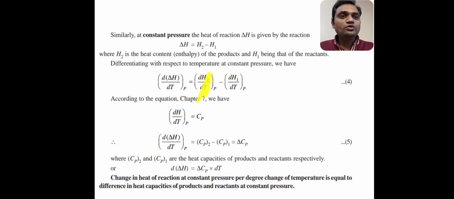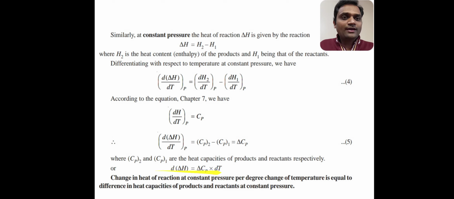Cp2 minus Cp1 is nothing but delta Cp, the difference in heat capacities, where Cp2 and Cp1 are the heat capacities of products and reactants respectively.